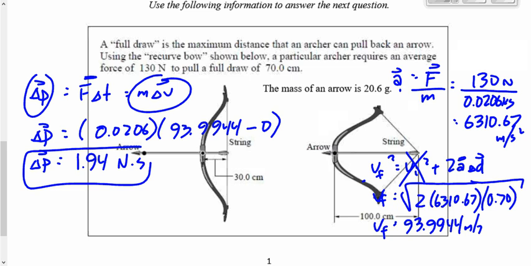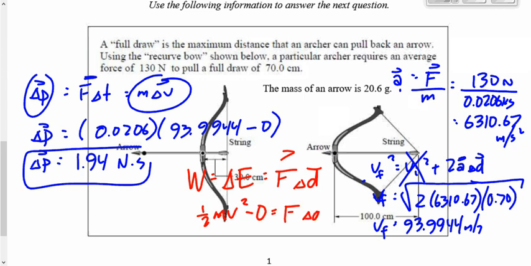Now, I didn't use accelerated motion. I didn't use principle number 1. I did this. I said work, remember this from Physics 20? Work is equal to delta E is equal to F times D, right? Delta E is 1/2 mv squared minus 0 equals F times D. I know what F is.